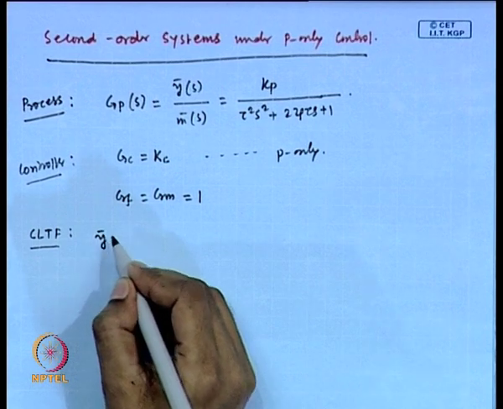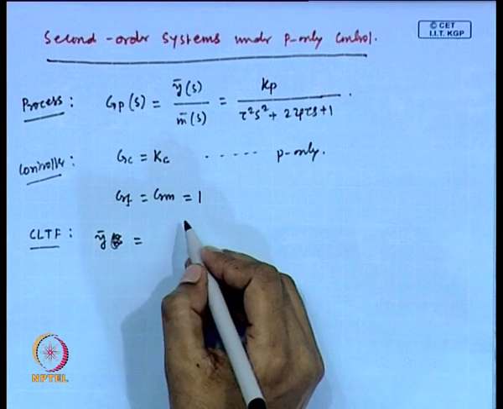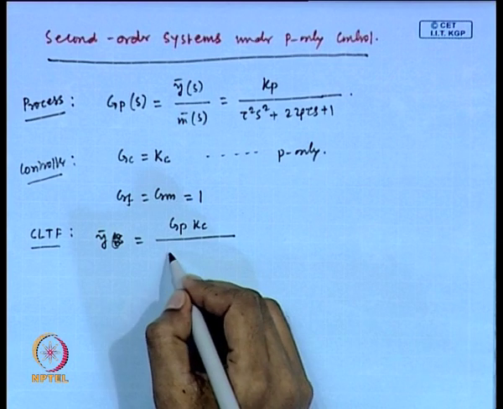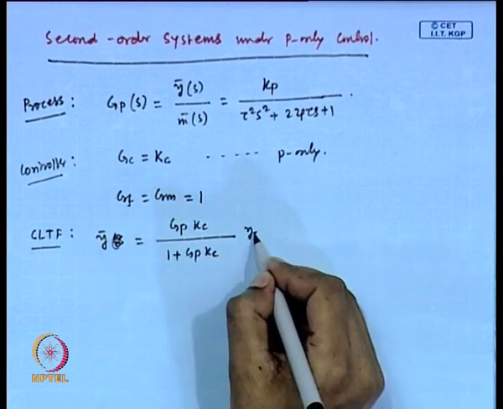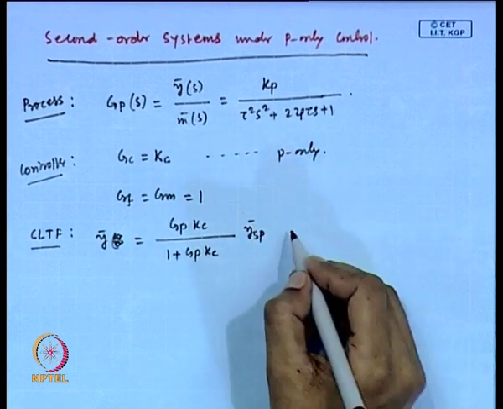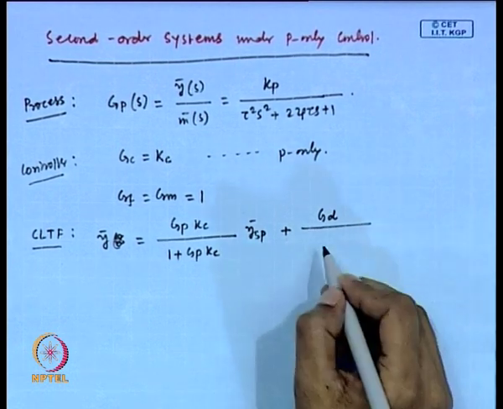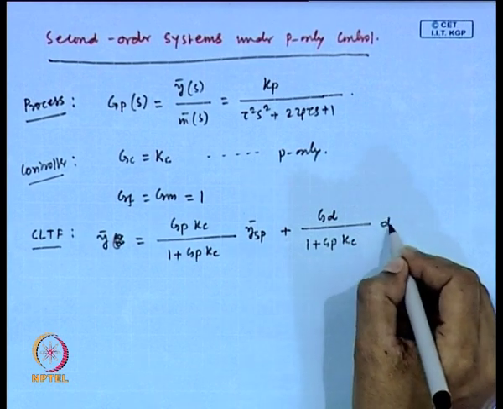Substituting all these individual transfer functions in the generalized form of closed loop transfer function, we obtain y bar equals Gp Kc divided by 1 plus Gp Kc y set point bar plus Gd divided by 1 plus Gp Kc d bar.